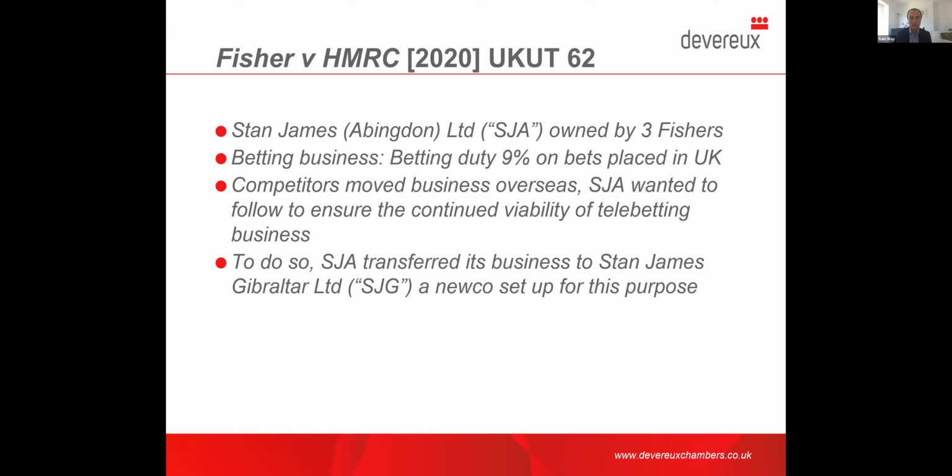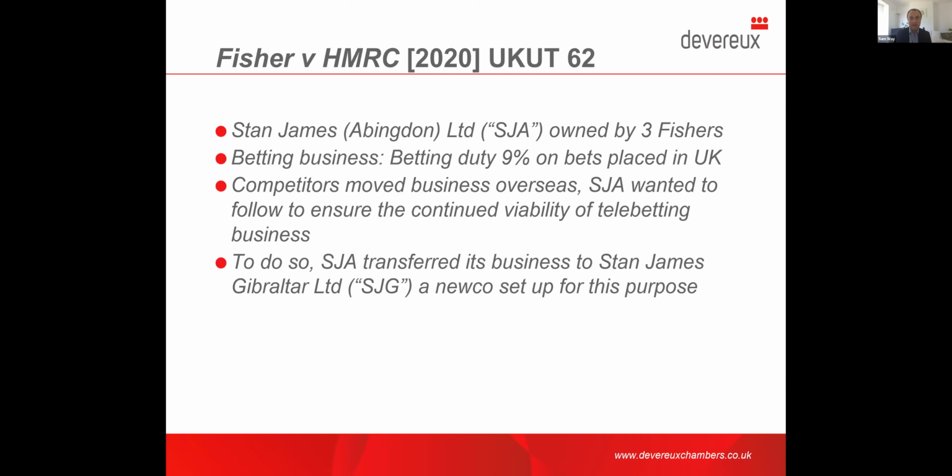The transfer took place between Stan James Abingdon and Stan James Gibraltar, when all of the assets that were used for Stan James's telebetting operations in the UK, including book debts, cash, a database of names, a teletext facility, and 4 free phone numbers, were transferred to Stan James Gibraltar.